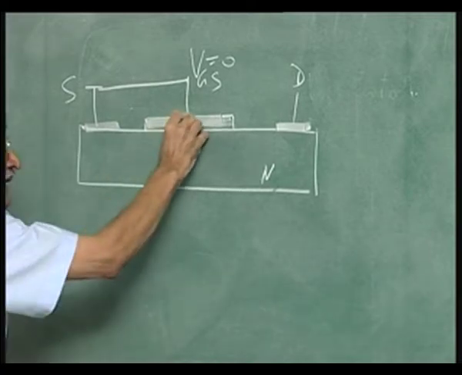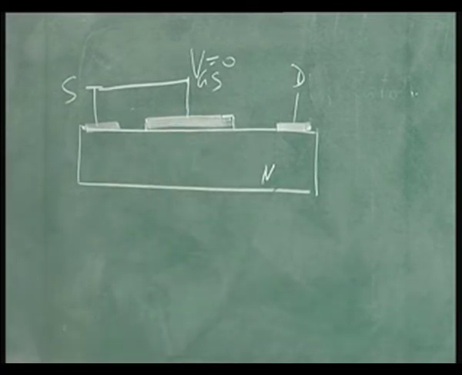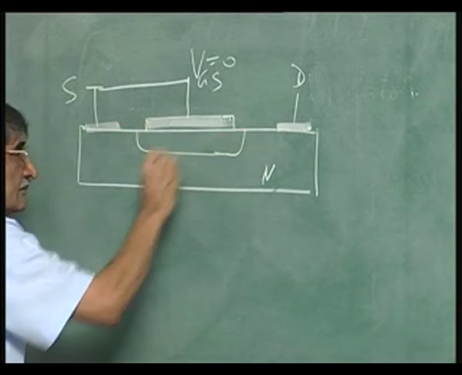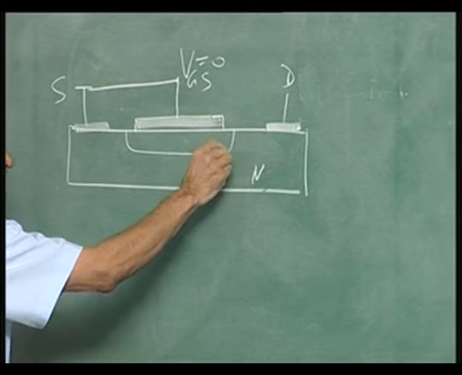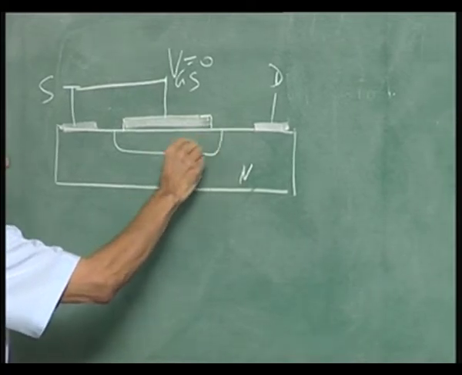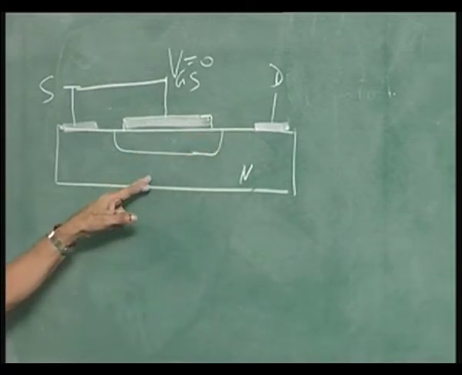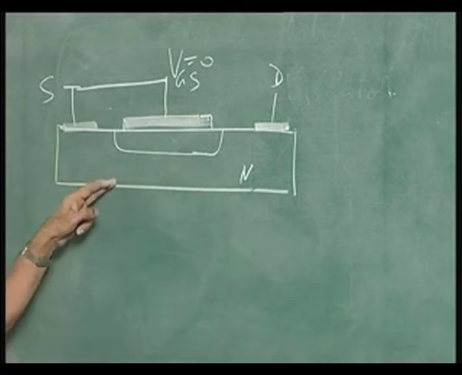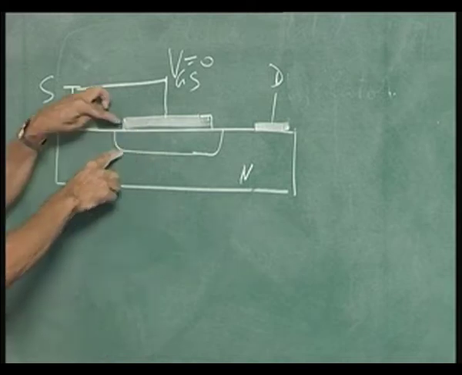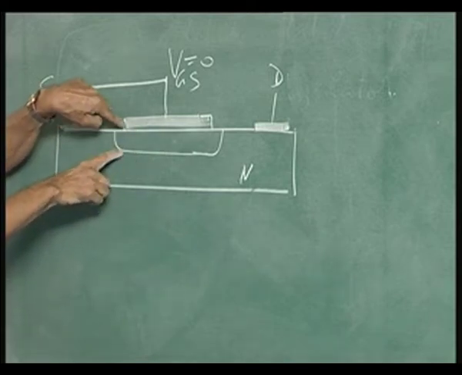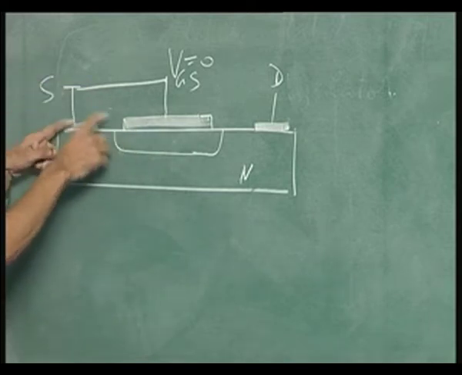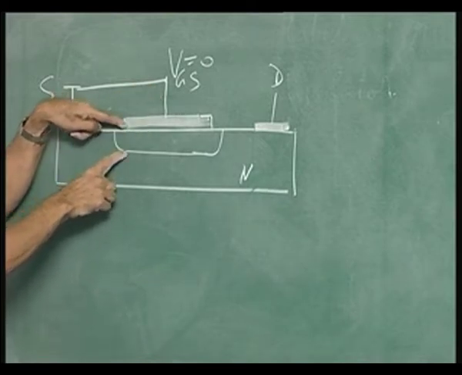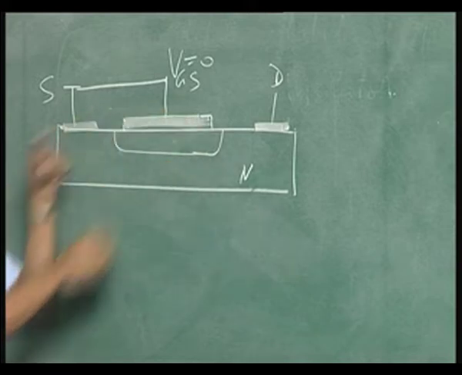And if VDS is small, I have this depletion layer like this. This is the situation when VDS is small, that is, the drop in this direction is negligible. And what is the potential drop across this here now? Built-in potential. From here to here, there is no voltage VGS. So, at this point it is VBI, and if this drop is negligible, this is also equal to VBI.